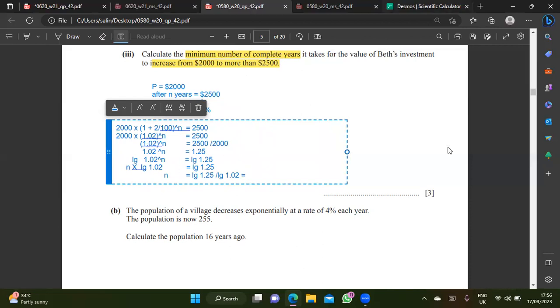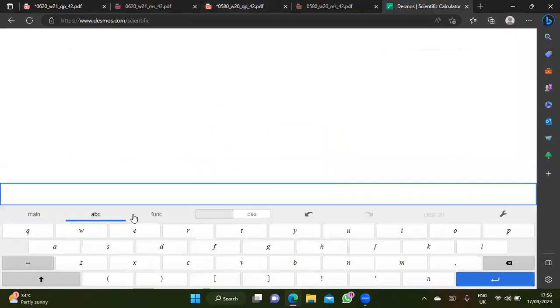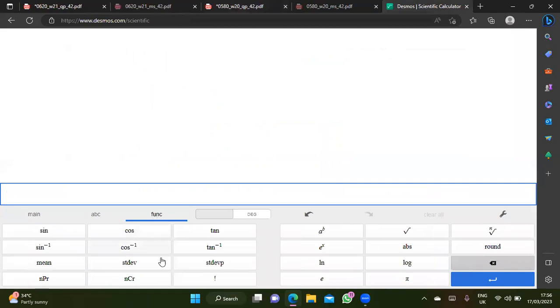So where is the calculator just now? We have to find logarithm. Where is log? Where is the function? Logarithm, there you go. Use this one. So 1.25, bracket, divide by.